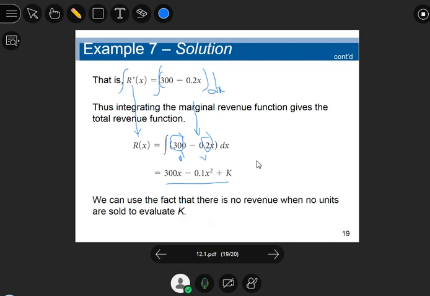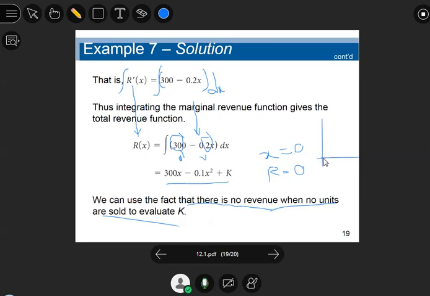We use the fact that there is no revenue when no units are sold. So when x is equal to 0, revenue is also equal to 0. It means when we haven't sold any item, then revenue is also 0.